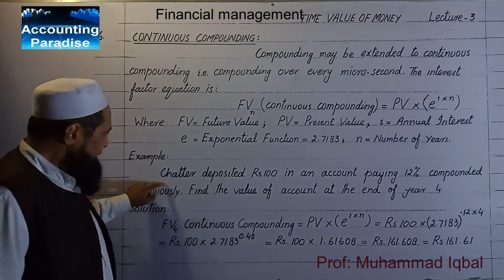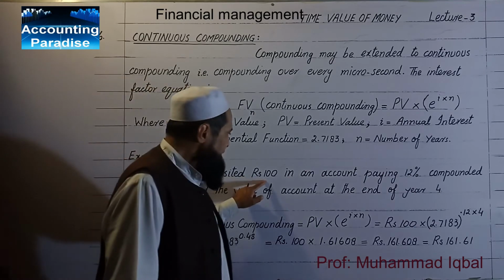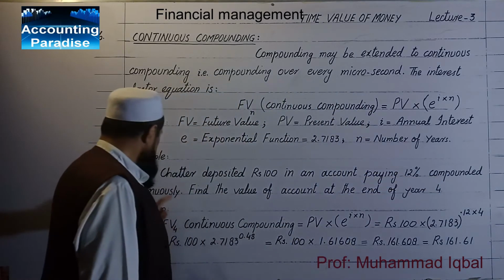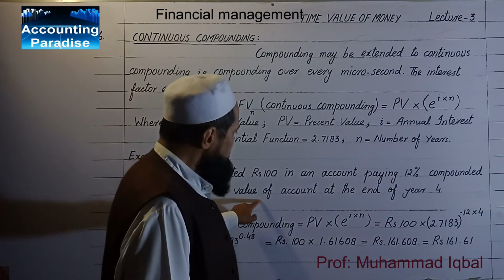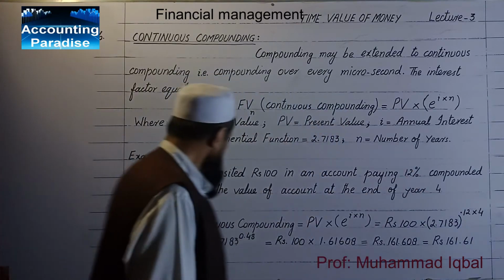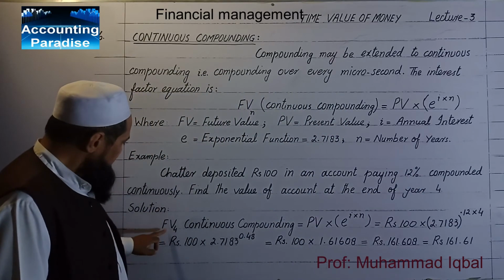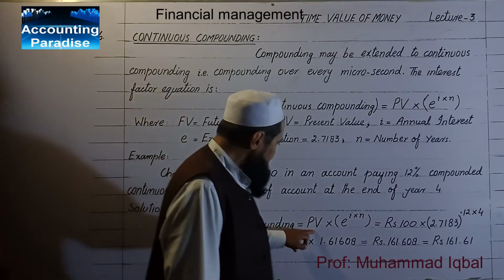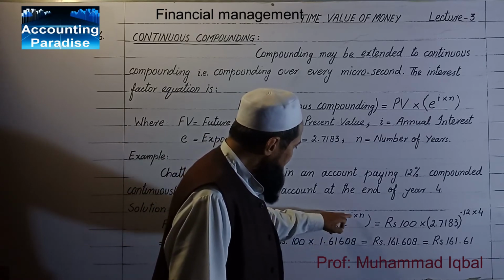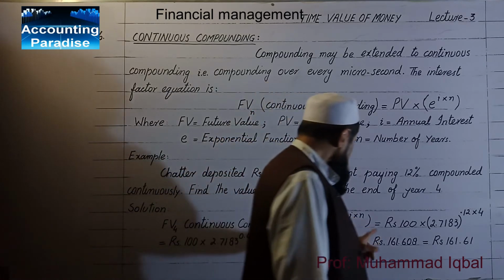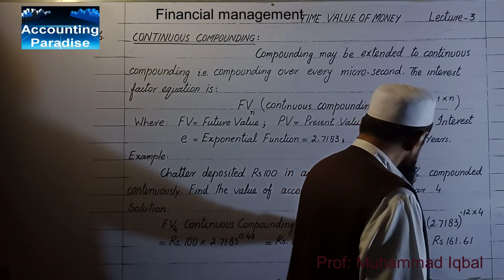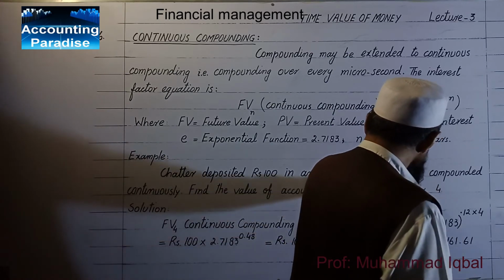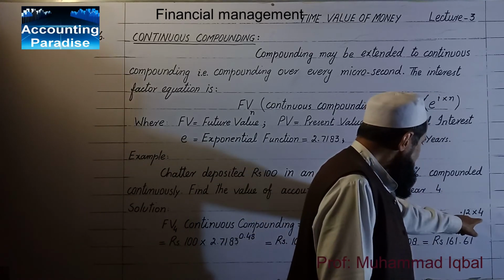Now the example. Chetar deposited rupees 100 in an account paying 12% compounded continuously. Find the value of account at the end of year 4. Now putting the values, future value at year 4, continuous compounding, is present value into e raised to the power I into n. Present value is 100, e is equal to 2.7183, I the interest rate is 12%, and n is 4.